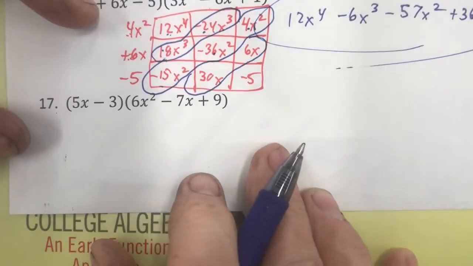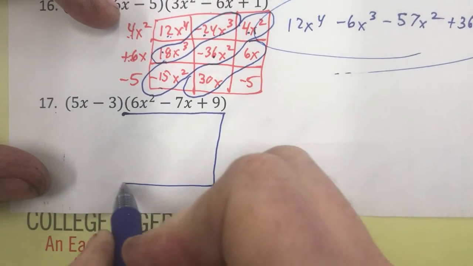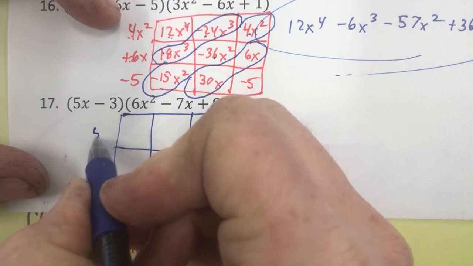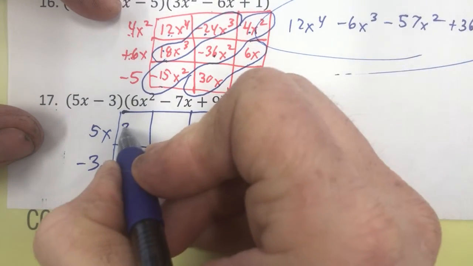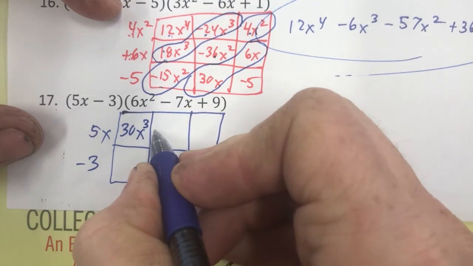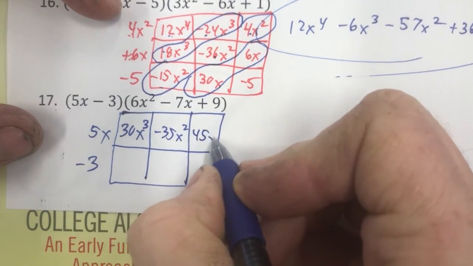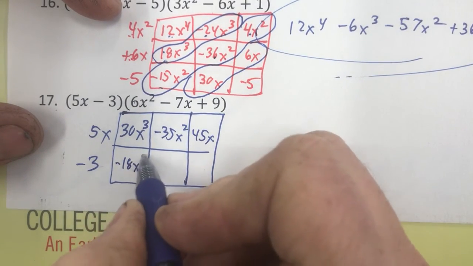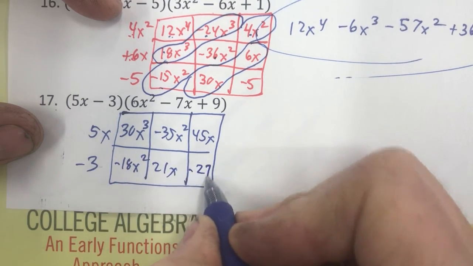Then one last one. All right, same thing as before. I'm going to build a box underneath this one. And I'm going to put 5x minus 3 here on the side. So this is going to be 30x to the third, negative 35x squared, 5 times 9 is 45x. Right here, negative 3 times 6 is negative 18x squared, and then that's going to be 21x, negative 27.